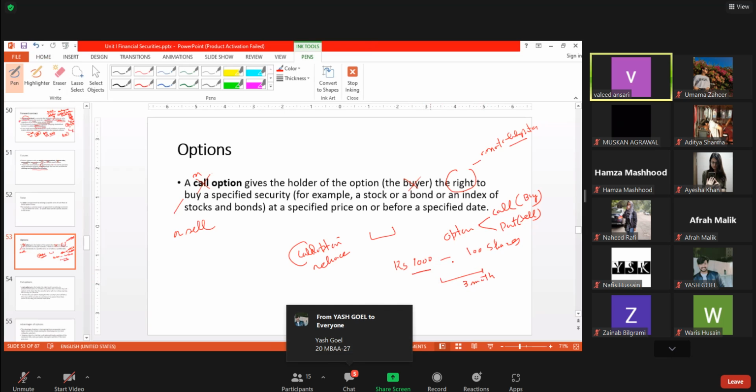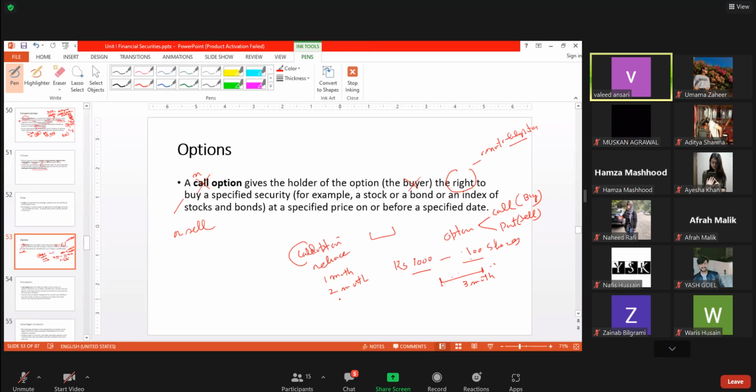It means that one can buy Reliance shares at 1,000 rupees, 100 shares, at the end of the 3 months. There are various types of options, like 1 month, 2 months, 3 months, because the exchange authorities specify the maturity period.